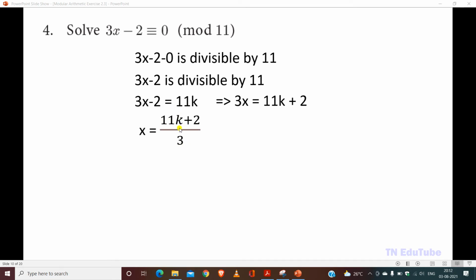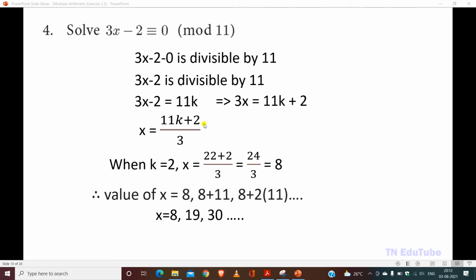You have to substitute k value and find the least x first. When k is equal to 1, you get 13 by 3. It is not divisible, isn't it? So you have to substitute k equal to 2. 22 plus 2, you get 24 by 3, that is 8. So the first value of x is 8.